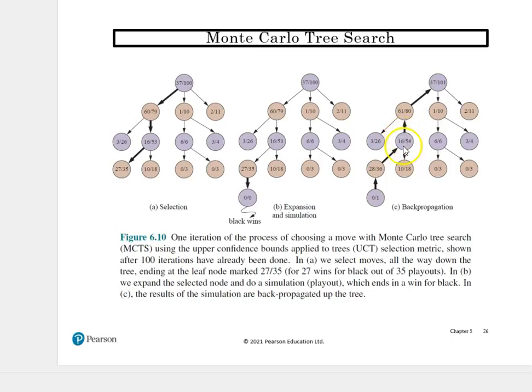This one lost in that case, which makes it 16 out of 54. This is a win for this guy, so 61 out of 80 instead of 60 out of 79. And then finally, it's a loss for this guy, so it becomes 37 out of 101. So this is the backpropagation step.